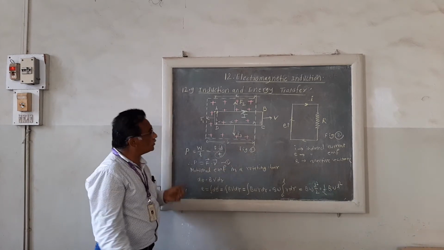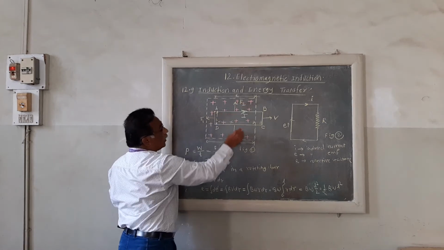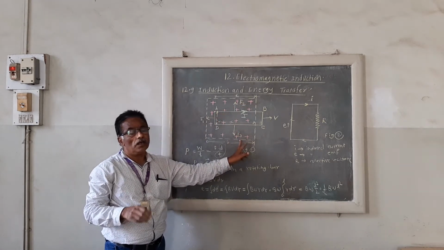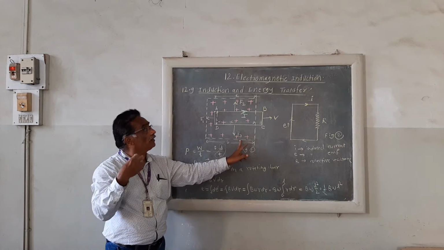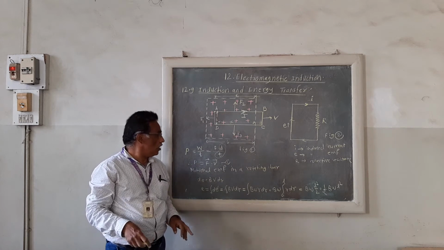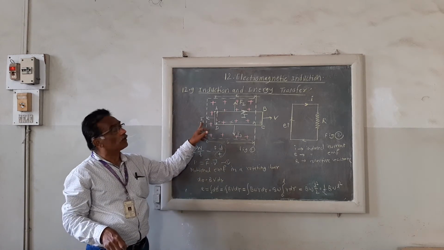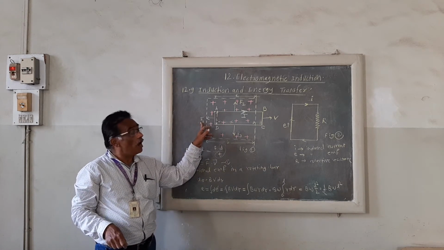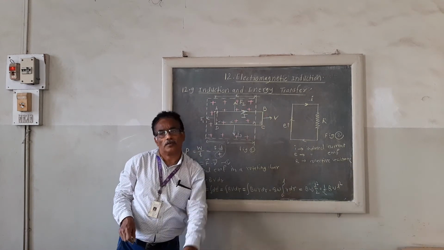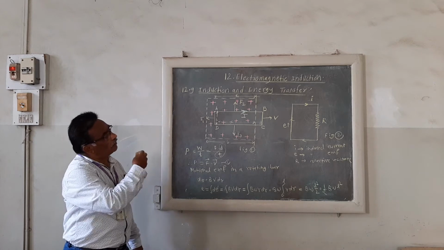Out of these three forces, F2 and F3 are equal and opposite, and therefore they will cancel each other. Only the force F1 remains, and that opposes the motion of this loop ABCD, which is pulled to the right.